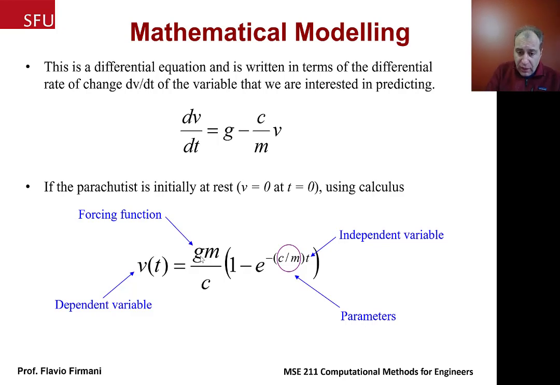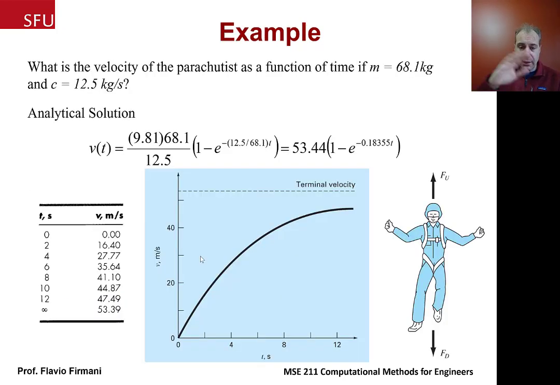So if we evaluate this function for a period of time, we're going to tabulate from time 0 to infinity, although eventually you can see that at a certain point we're going to reach a value that converges to a constant velocity. We can evaluate what that terminal velocity is.